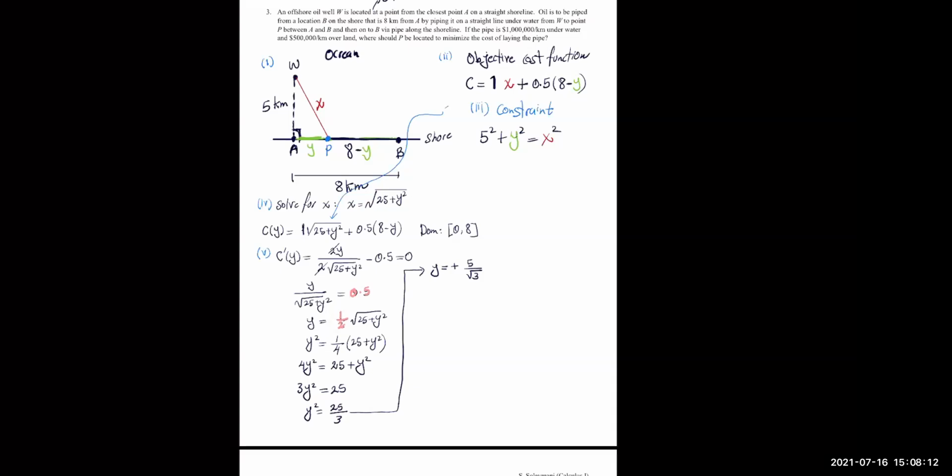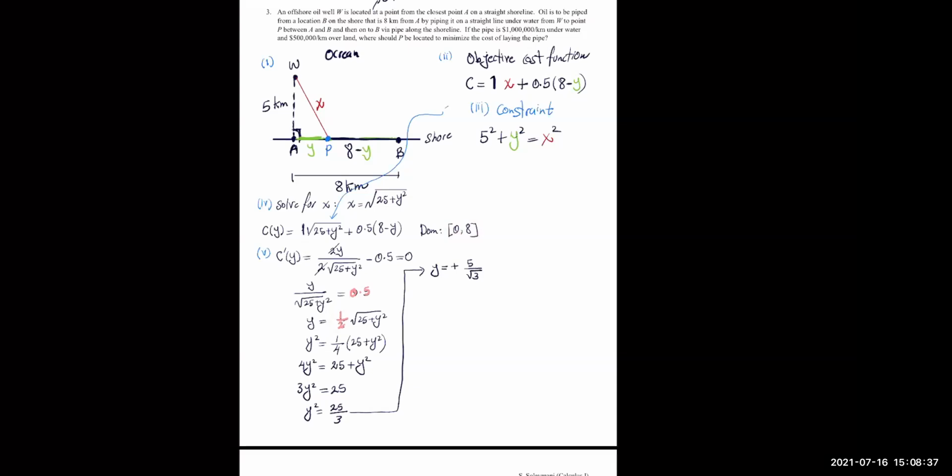And remember that the extreme value theorem says that if you have a continuous function, and our cost function here is continuous, then the function attains its absolute minimum and maximum on a closed interval.